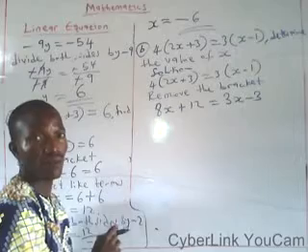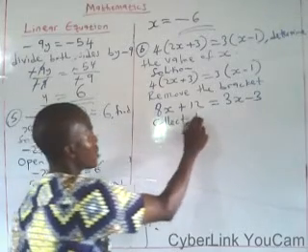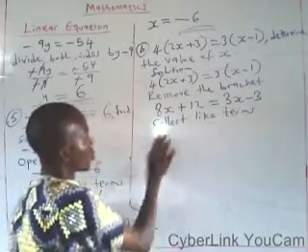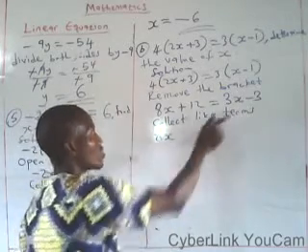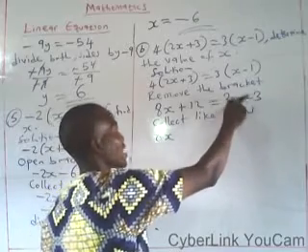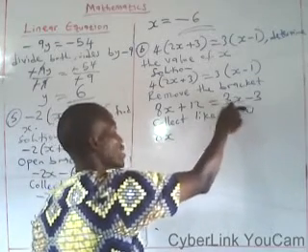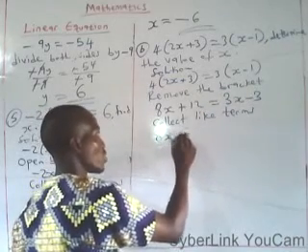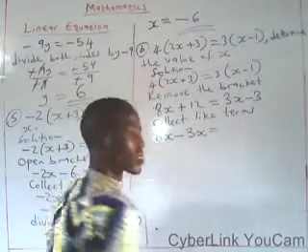Now, the next step will be what? That is collect like terms. You have your 8x at this side. Now carry 3x that is at the other side. It is plus 3x at this other side. By the time you take it to this particular side, it's going to change to what? Minus 3x is equals to.